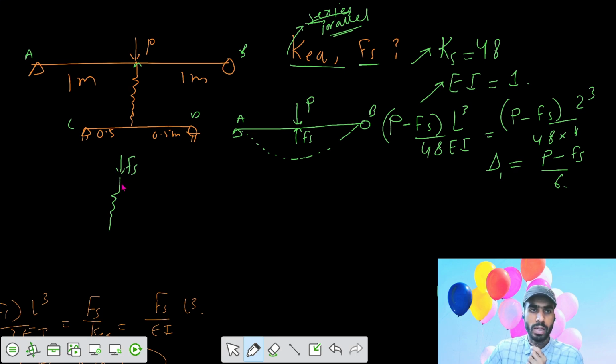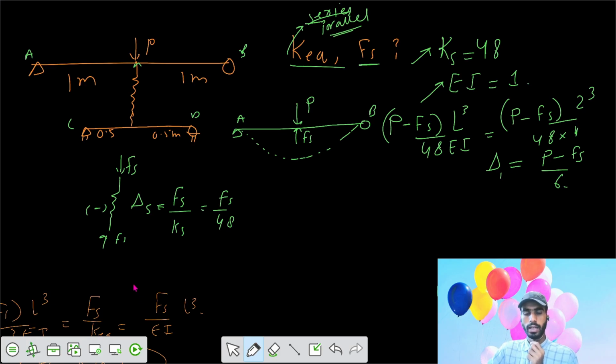Similarly, if you want to make a free body diagram for the spring, there will be some compressive force on the spring, Fs. So the deformation in the spring would be Fs by k, where k is your k spring, that means Fs by 48.